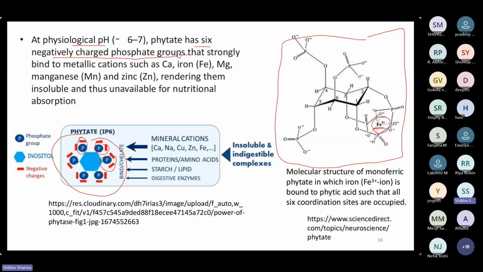They will bind with metallic cations like Ca2+, Fe3+, magnesium, manganese or zinc, and after these minerals bind to the phytate, they become insoluble and indigestible and will not be available for nutritional purposes for the human body.